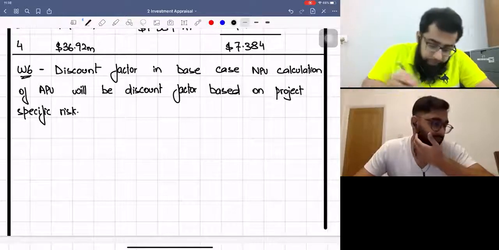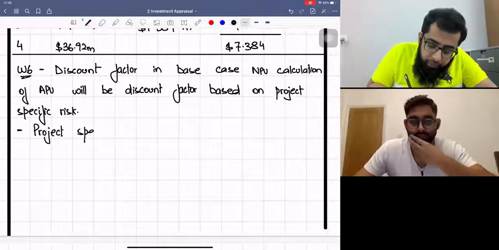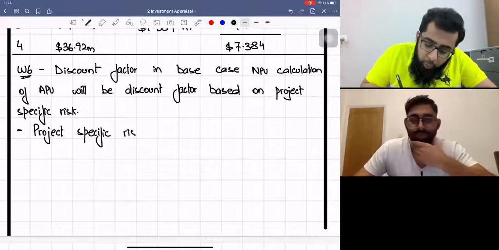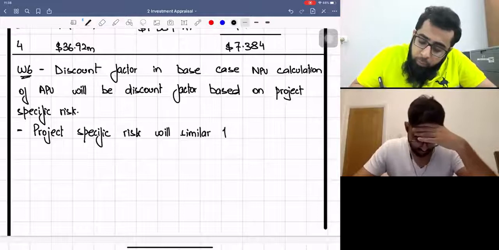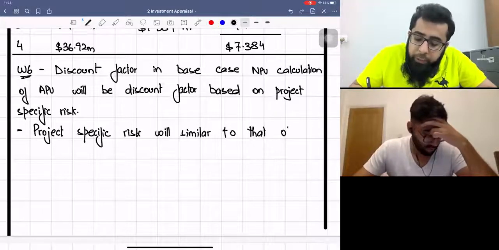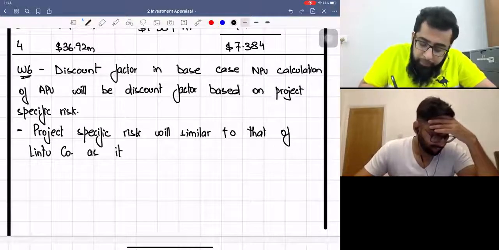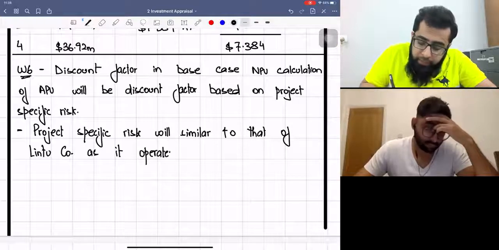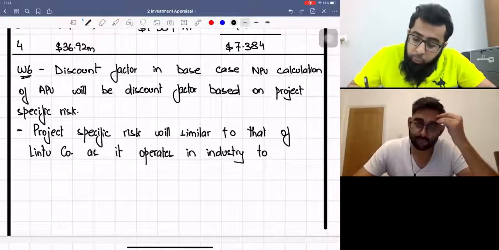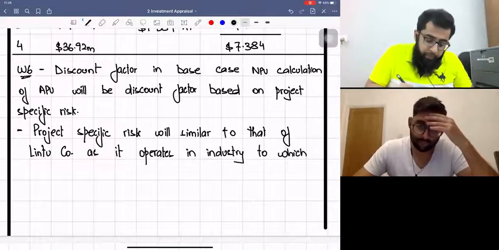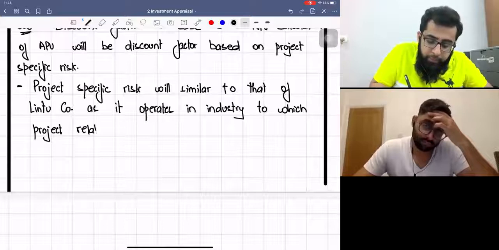Okay. Now, project specific risk will be similar to that of Link2 company, as it operates in the same industry to which the project relates.